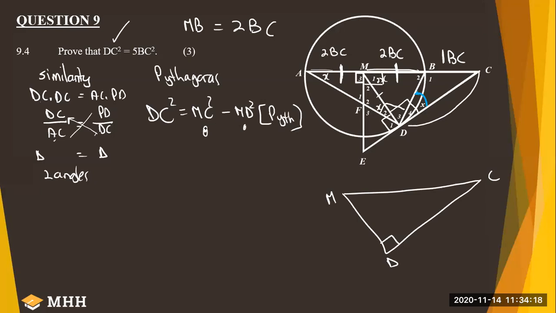So what can I do? How can I write MC? So MC is going to be how many BCs? Because I only want BCs in my answer. Well, I'm first just going to say MC will be equal to 1, 2, 3 of the BCs.